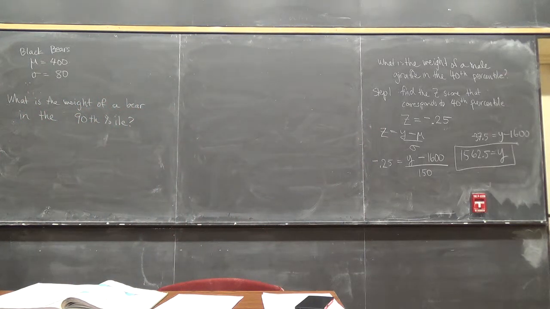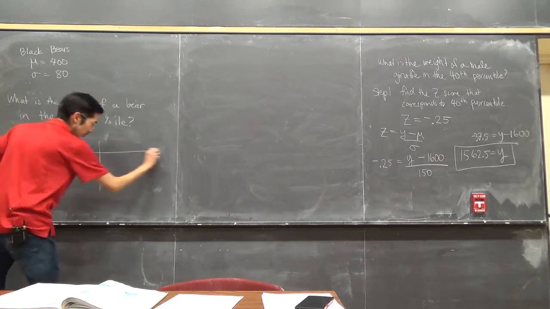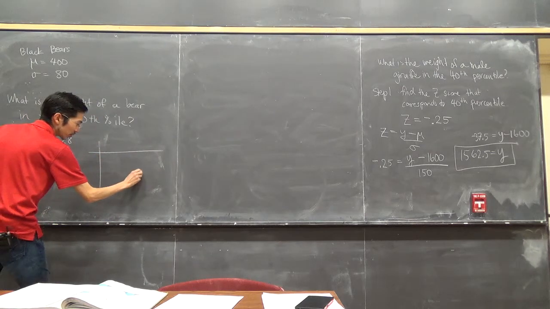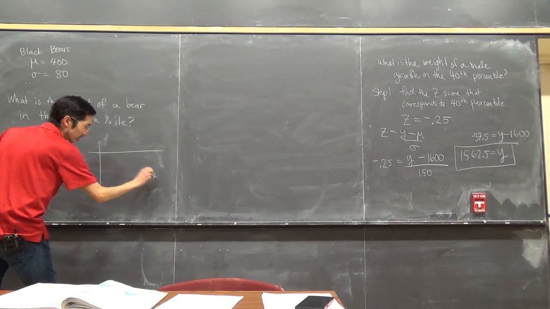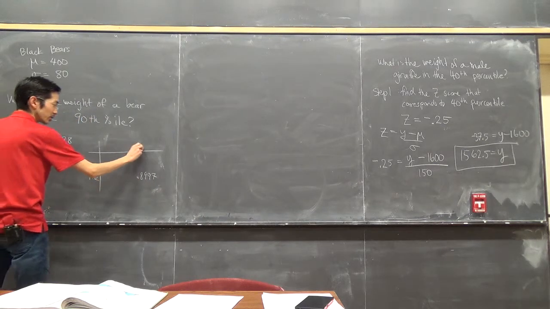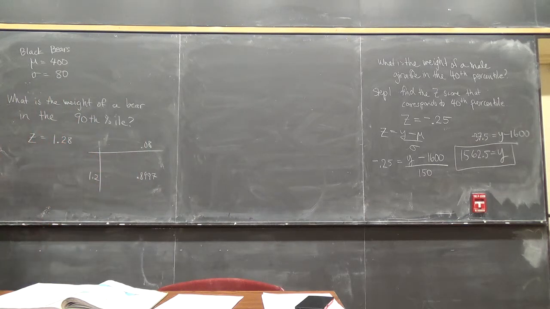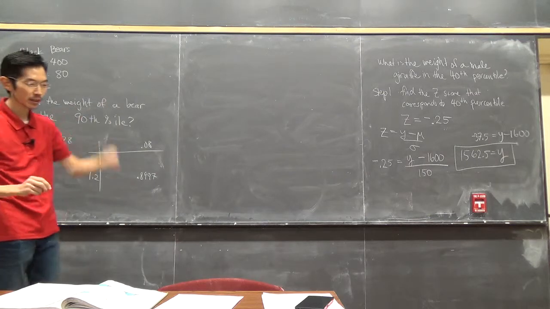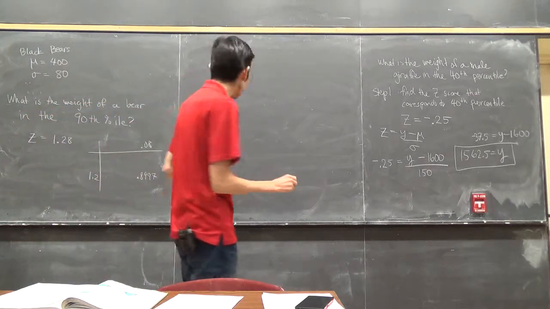Okay, so for the 90th percentile, we have to figure out the z-score. What do we get for a z-score? 1.28. So we are looking up the 90th percentile, and the closest number we find is 0.8997, in the row 1.2 and the column 0.08, so our z-score is positive 1.28. As it should be, because at the 90th percentile we're over the halfway mark, so it should be positive.